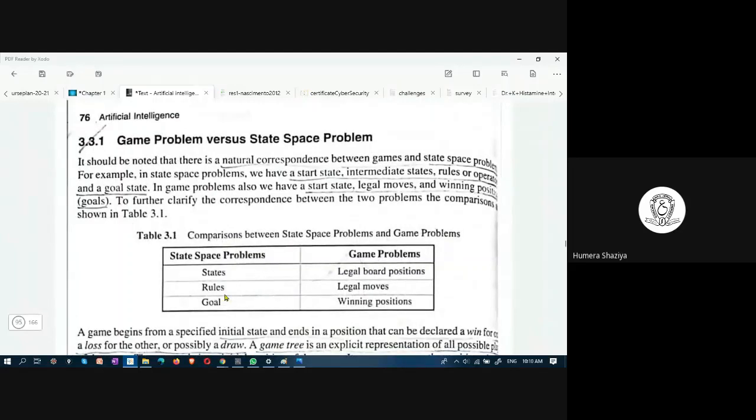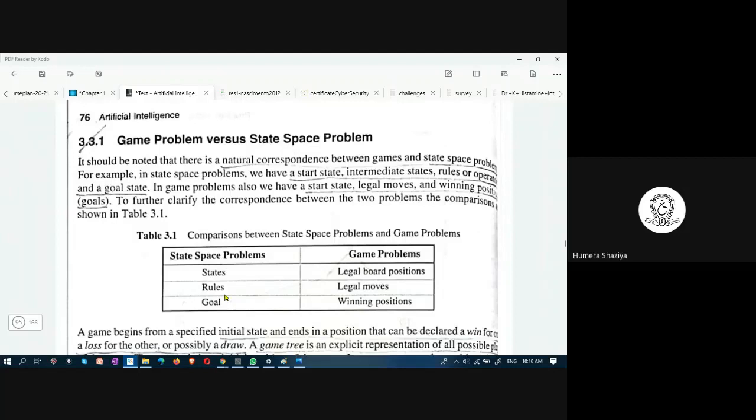Game problem versus state space problem is the next topic. Please recall that state space problems are those problems which have a number of states that are joined together into a state space.